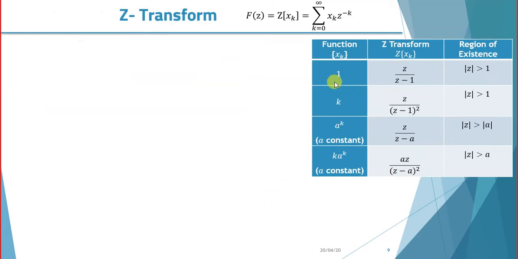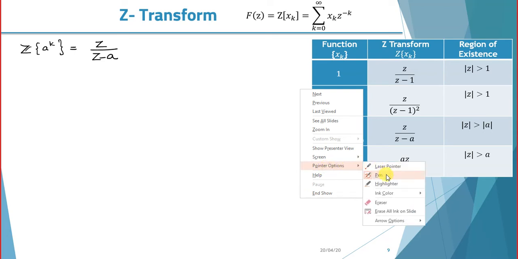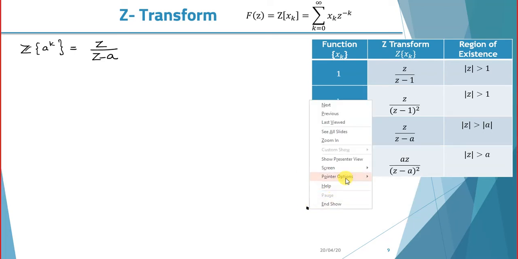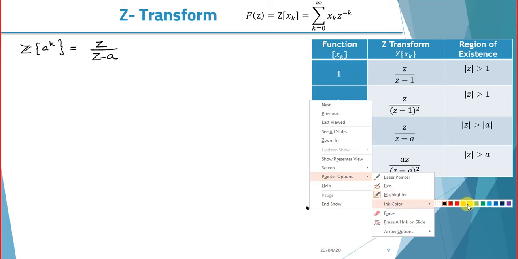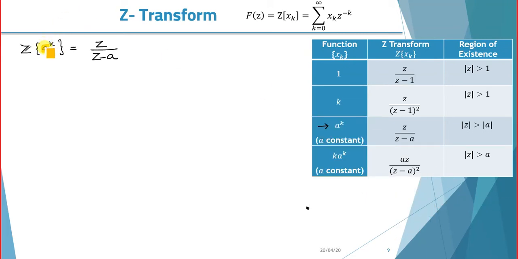Now let's see the next rule. This rule says that the Z transform of a to the power k is z over z minus a. Here a is a constant, which means that when the value of a changes, you make the change here too.